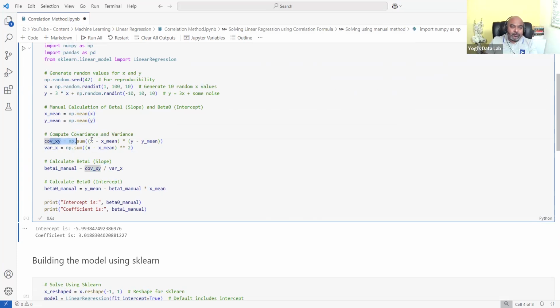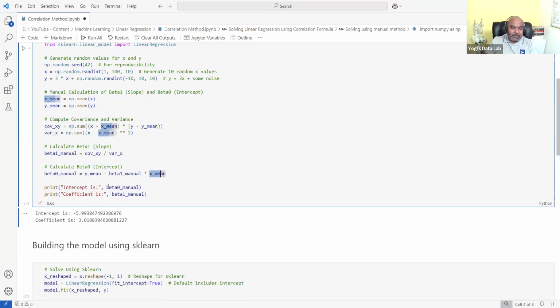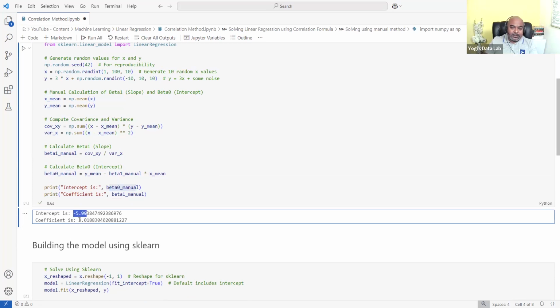Further, I'm calculating the covariance of x and y, and the variance of x using the formula that we know. Then beta 1 should be covariance of x and y divided by variance of x, and beta 0 is y mean minus beta 1 multiplied by the mean of x. So I get my values over here. So beta 0, which is my intercept, is minus 5.99, and beta 1, which is the coefficient, is 3.018.